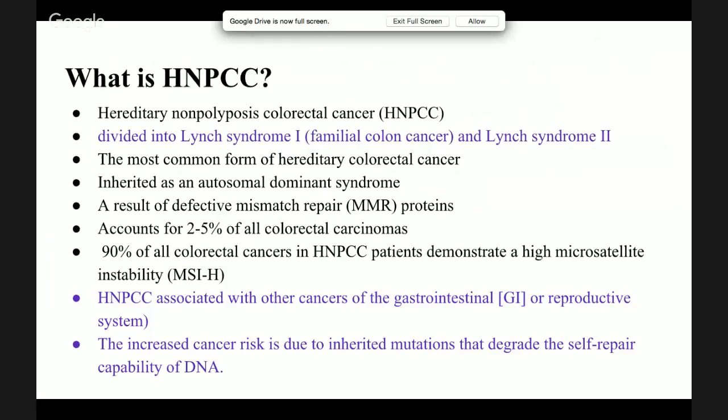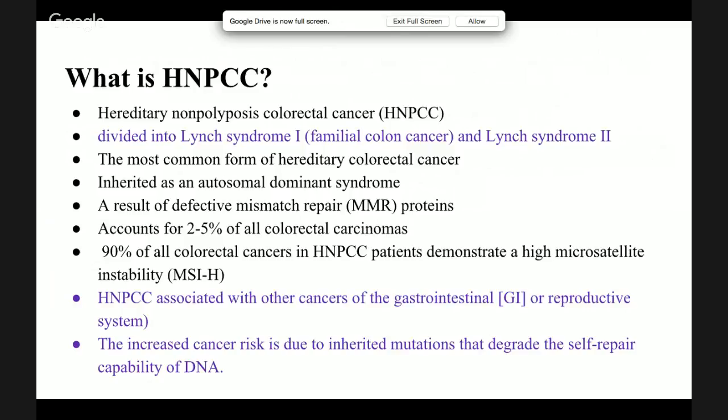So HNPCC, hereditary non-polyposis colorectal cancer, is a form of cancer that is the most common form of hereditary colorectal cancer, and it is inherited as an autosomal dominant syndrome, which is a result of defective mismatch repair proteins.